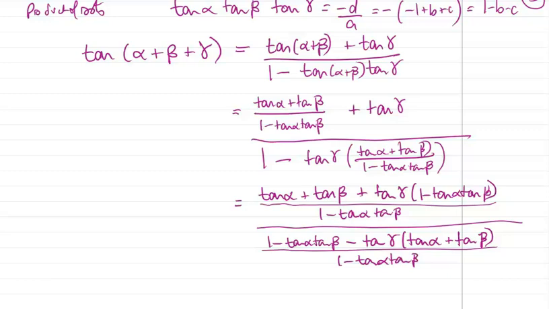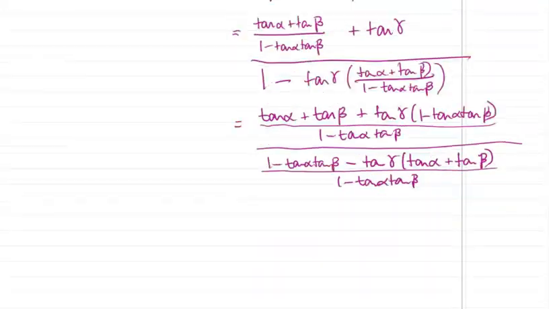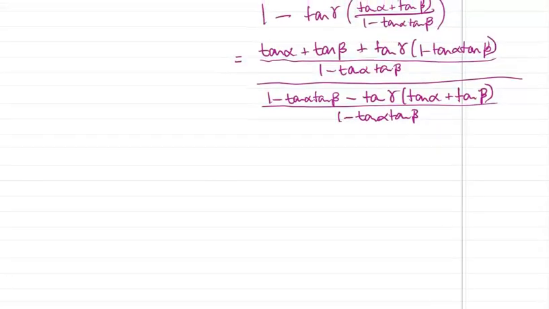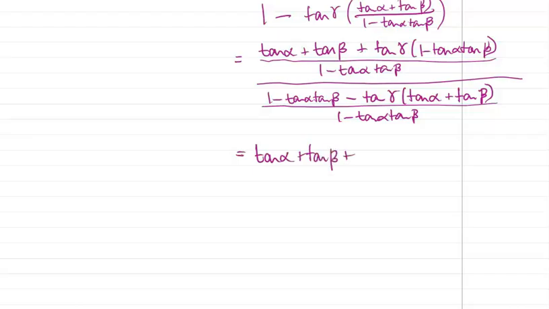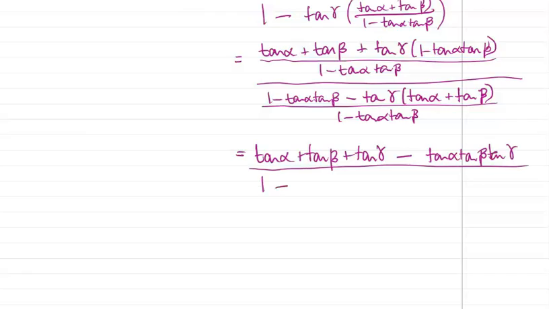So I can get rid of those little denominators and rewrite the numerator as simply tan alpha plus tan beta plus tan gamma less tan alpha tan beta tan gamma, all over 1 minus tan alpha tan beta minus tan alpha tan gamma, also minus tan beta tan gamma.